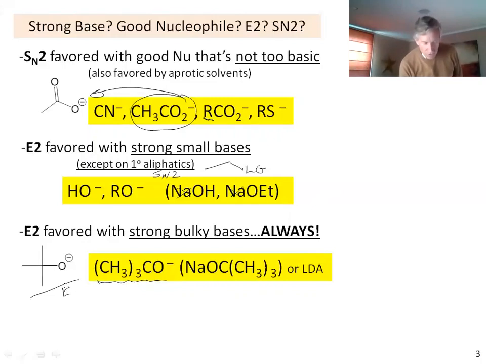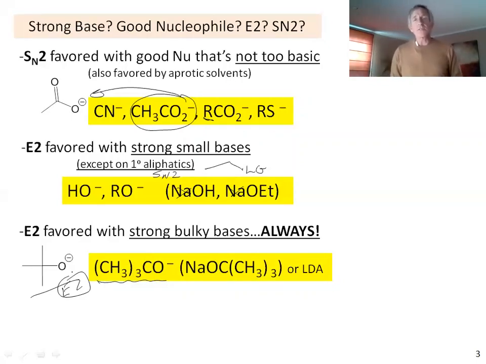It will always do E2. So if you want to ensure that even if you have a primary aliphatic, any kind of leaving group on a molecule, and you want to make it go E2 no matter what, you use this big bulky base. Okay? And that's the story of E2 versus SN2.